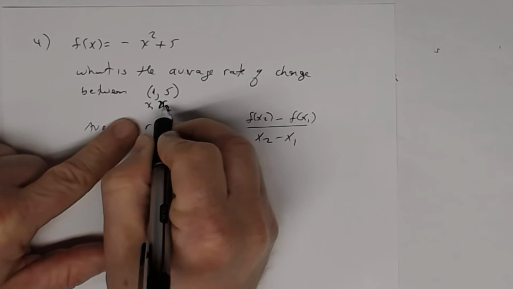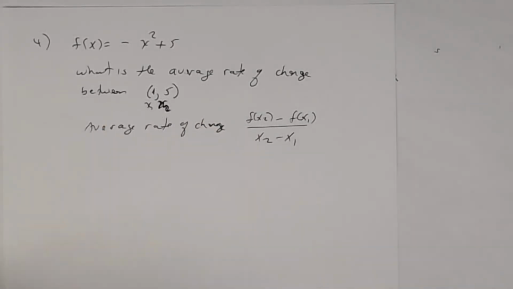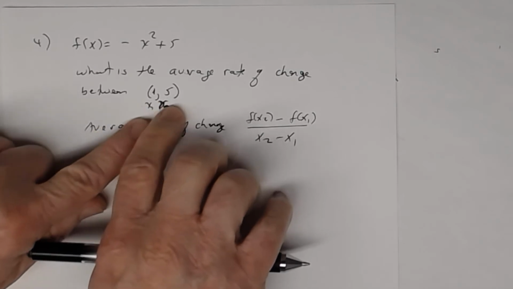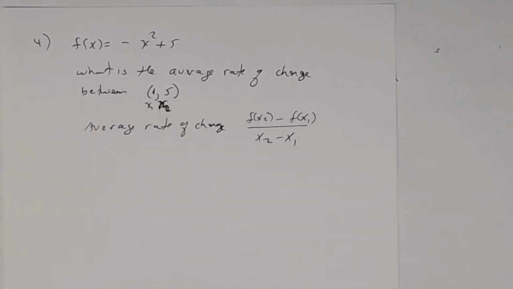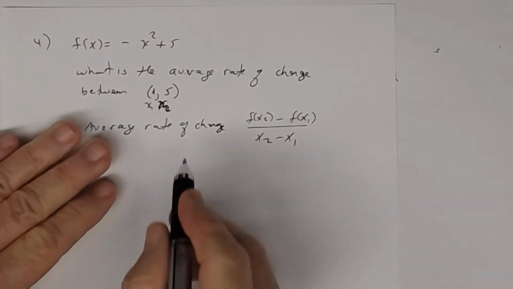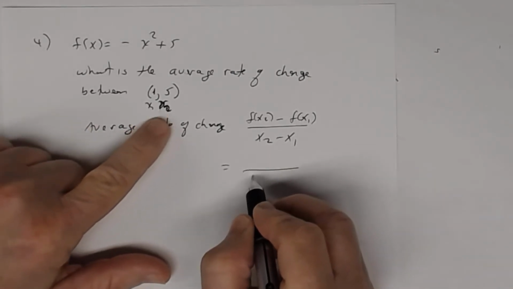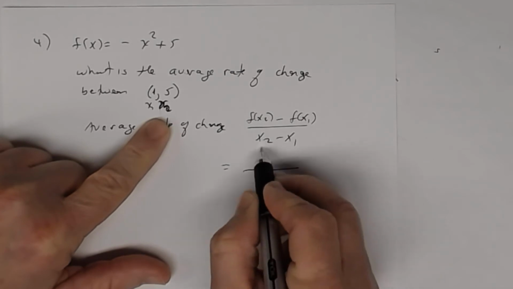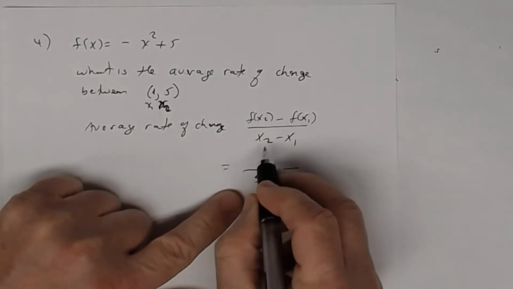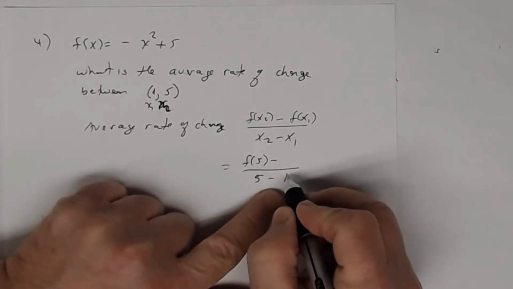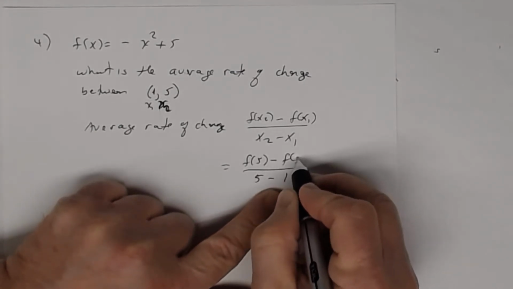Remember, that's not a point. That's an interval going from x equal 1 to x equal 5. So then in the denominator, you're going to say 5 minus 1. The numerator, if x is 5, you're going to find the y value, which is f of 5. And then subtract. If x is 1, you're going to find f of 1.